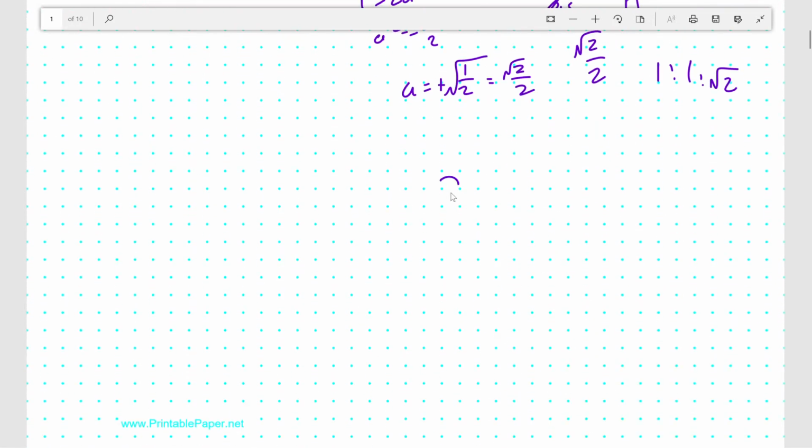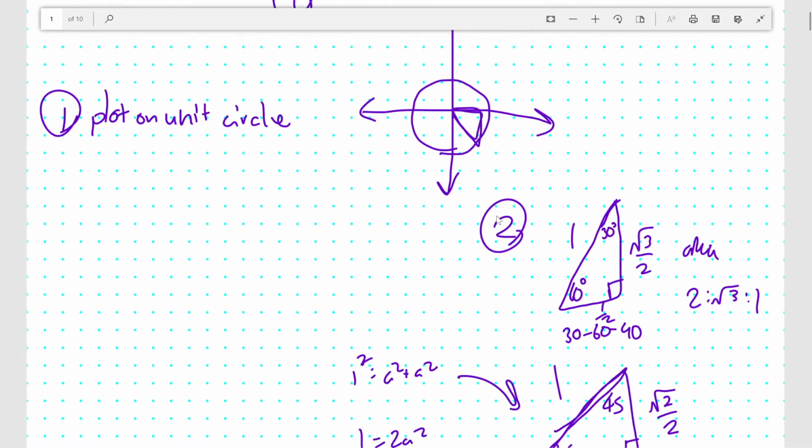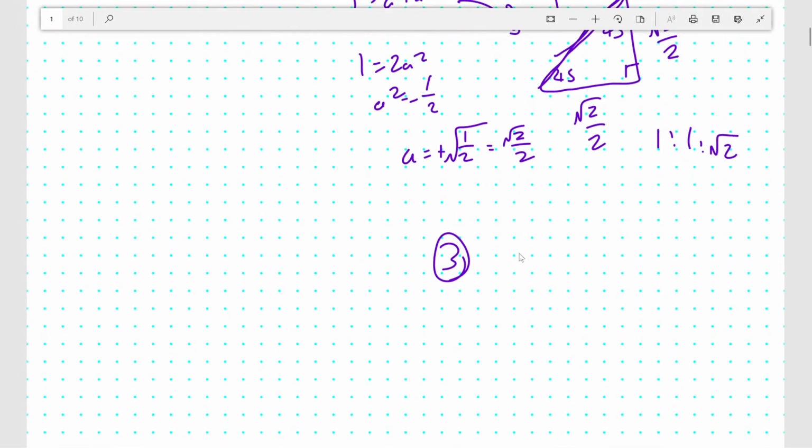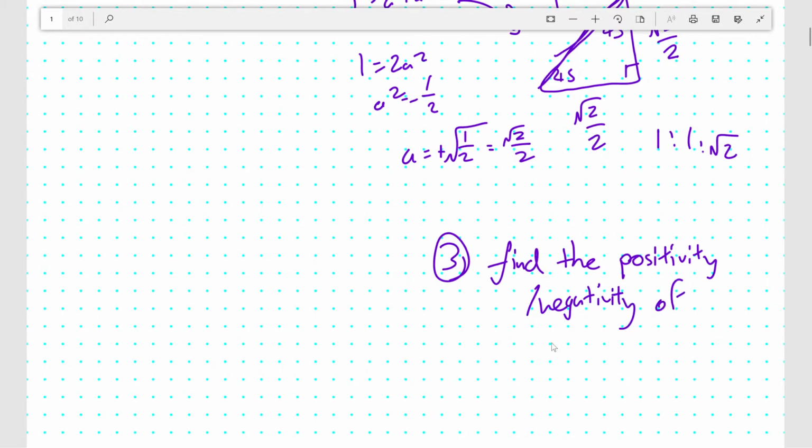And then 3, find the positivity or negativity of sine, cosine, and tangent.